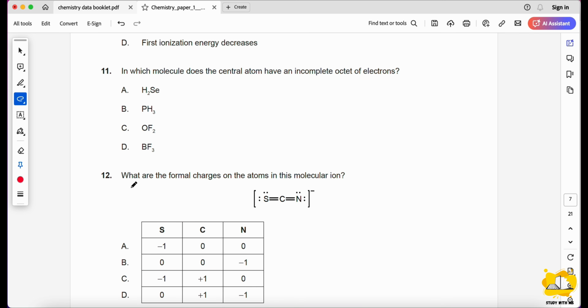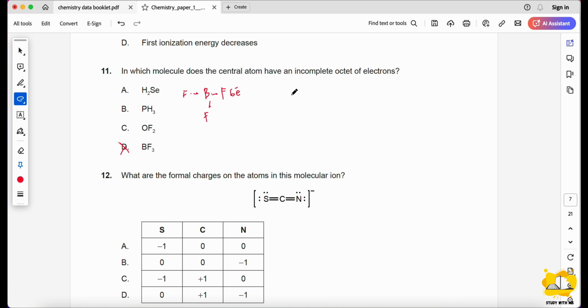In which molecule does the central atom have an incomplete octet of electrons? It's BF3, because if we count, there are only 1, 2, 3, 4, 5, 6 electrons, so it has an incomplete octet.